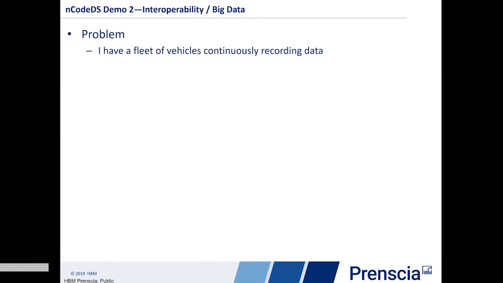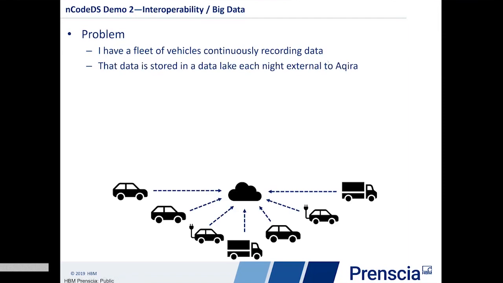So let's look at a possible engineering problem. Suppose that you have a fleet of vehicles which are continuously recording data, and suppose that this data is stored in a data lake, which is external to Aqira.